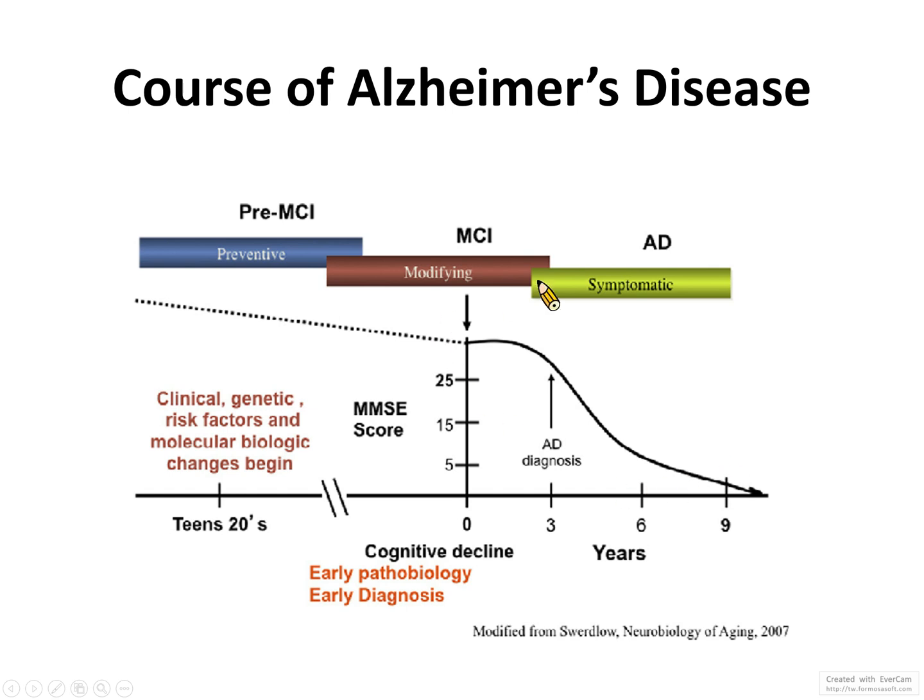Usually when the MCI is confirmed, the decline in this score seems to be inevitable. But actually, not every MCI patient will advance to Alzheimer's disease. Some MCI patients will just stay for a long time without significant decline or progression to AD. But some MCI patients do progress to AD. So that is also a reason we want to phenotype Alzheimer's disease, or even try to phenotype mild cognitive impairment using some biomarkers.